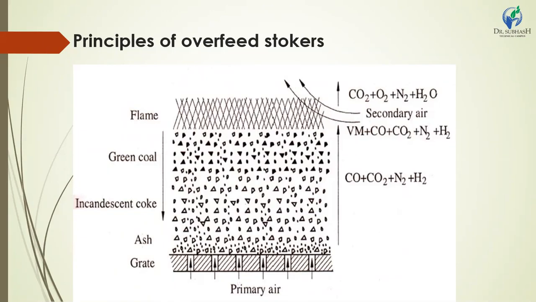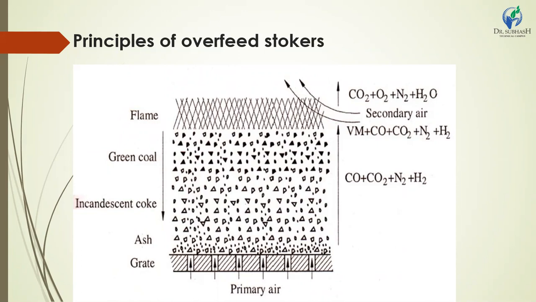The air gets heated while passing through the layer of hot ashes and picks up additional heat energy, and the region immediately above the ashes contains a mixture of incandescent coke and ash. So coke content increases in the upward direction.